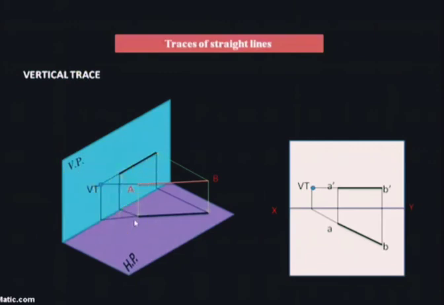In the first case I explained the horizontal trace; in that case the vertical trace is not possible, and in this case the horizontal trace is not possible, because the inclination is given only with one particular principal plane.